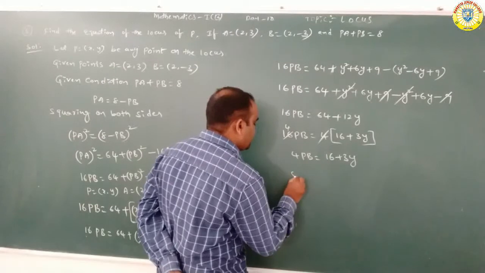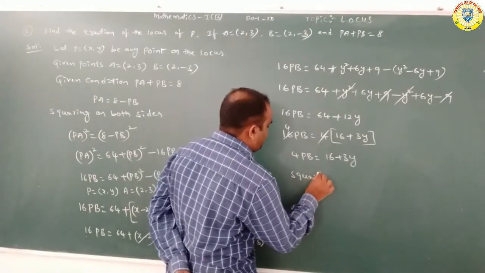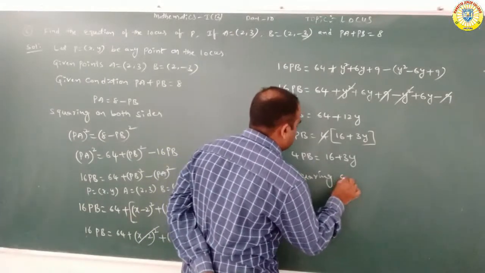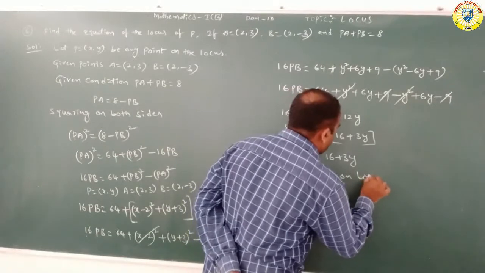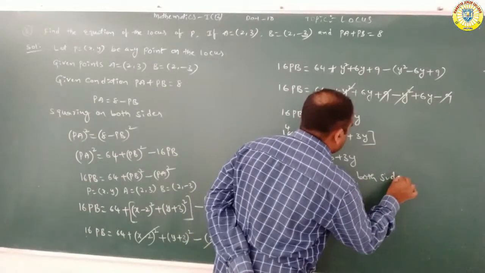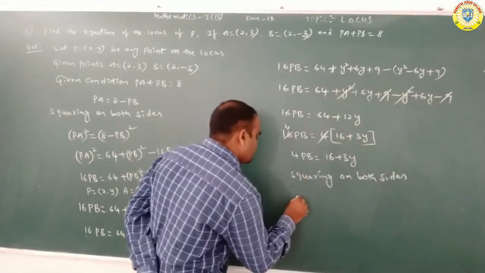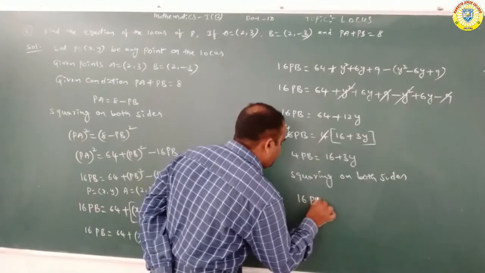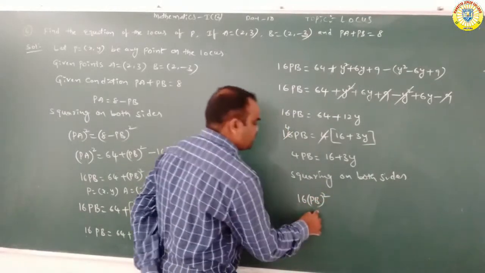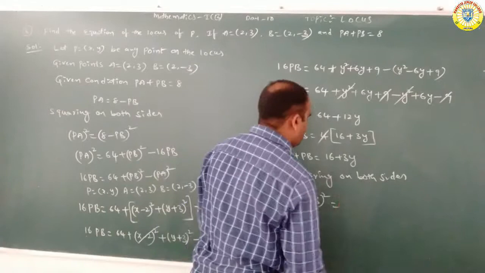Okay now, again we are doing squaring on both sides. Here 16 PB whole square, whole square is nothing but 16 PB whole square.